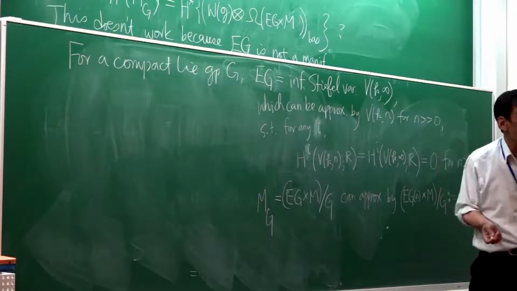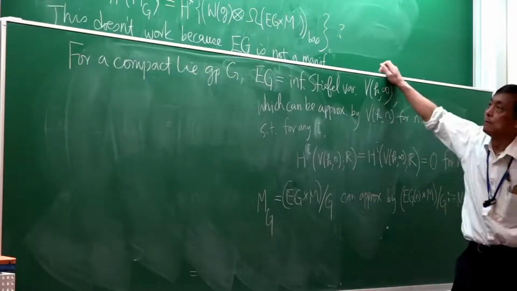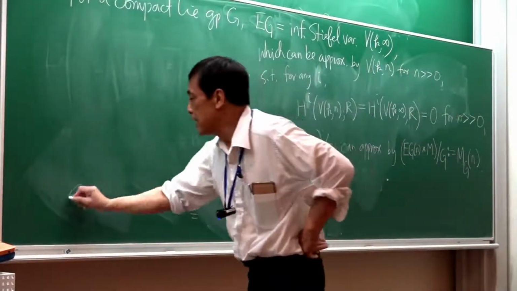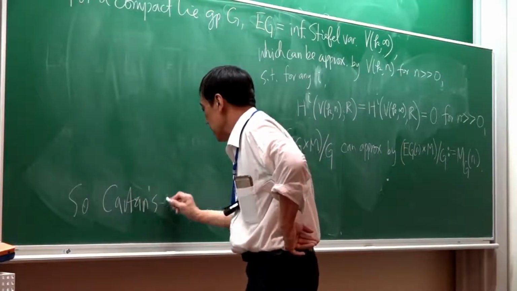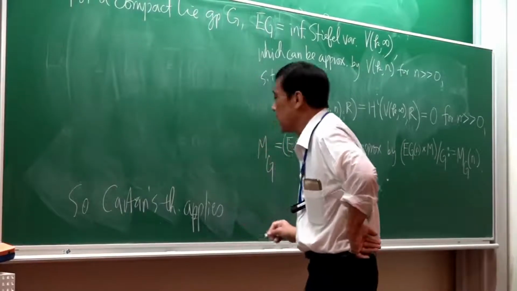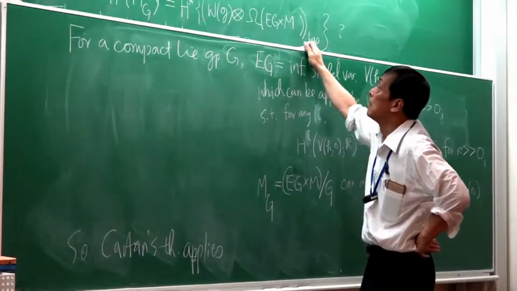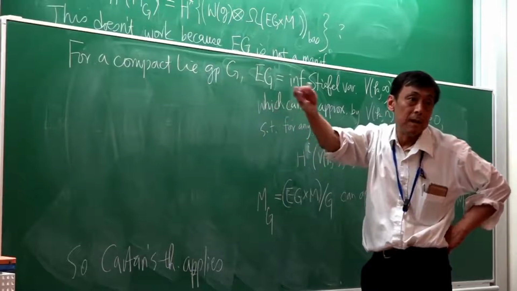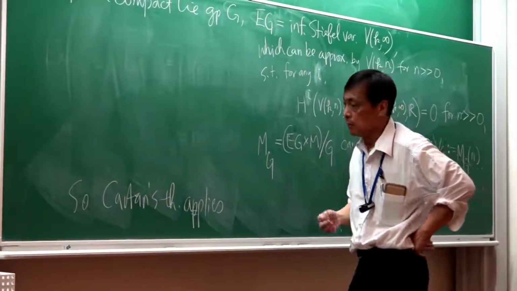And then you can apply Cartan's theorem. So Cartan's theorem applies, and so you have a Weil model, and then you show that it's isomorphic to the Cartan model.